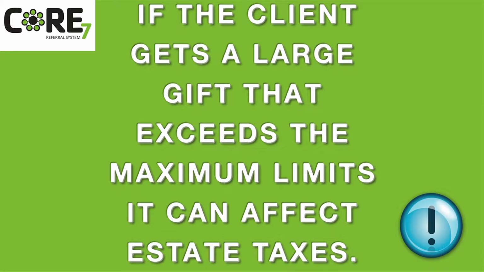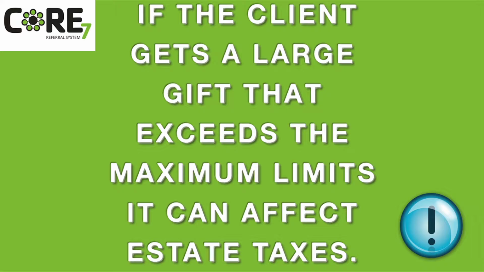The reason for this question is if the client is getting a large gift from a relative that exceeds the maximum yearly gift limits, it could have an effect on the taxing of the donor's estate. I have had many situations where the donors have had an issue with having to fill out our gift letter. I proactively recommend the estate planning on my Core 7 team if they do not already have one.